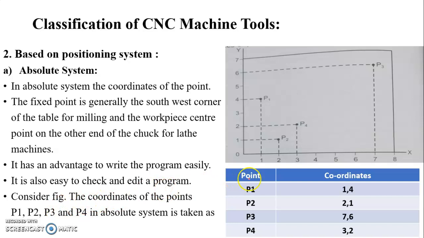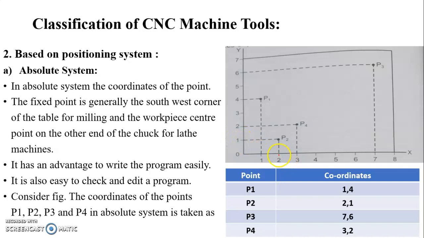Consider this figure. The coordinates of the points P1, P2, P3 and P4 in the absolute system are taken as follows. The coordinate for point P1 is 1 and 4, then the coordinate at point P2 is 2 and 1.